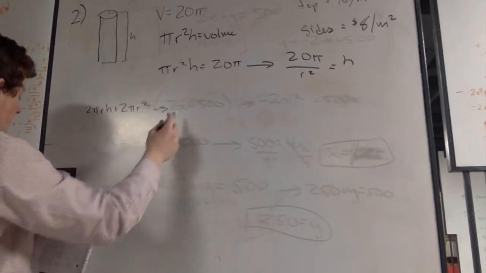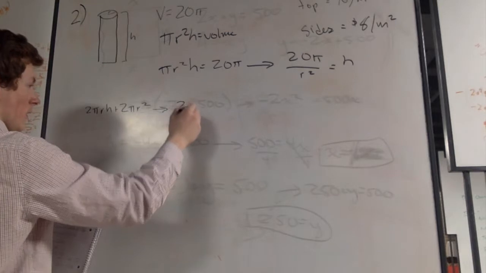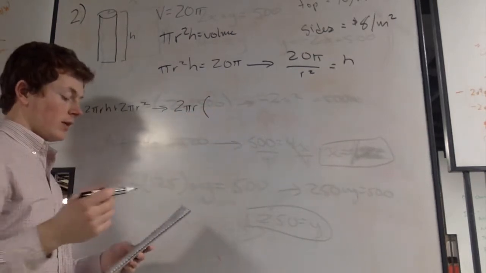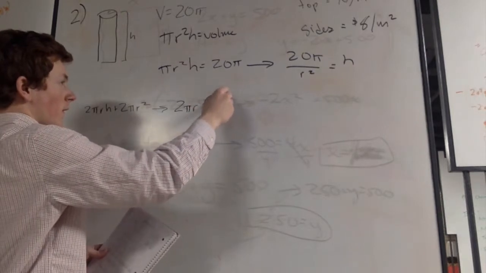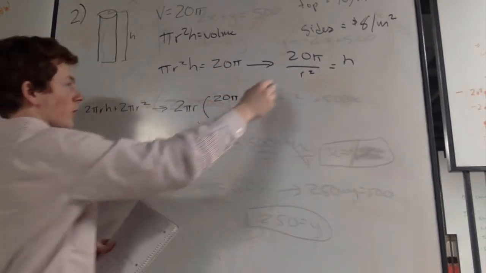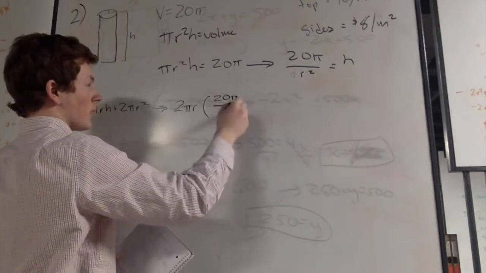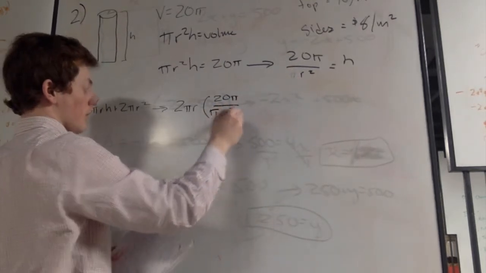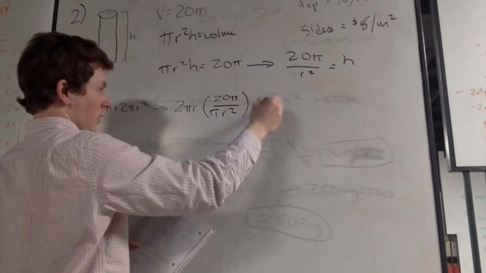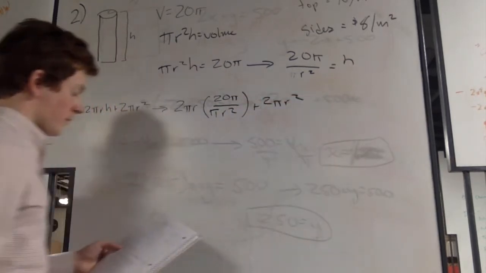So that will be 2 pi r times 20 pi over pi r squared. I forgot the pi right there. Over pi r squared plus 2 pi r squared.